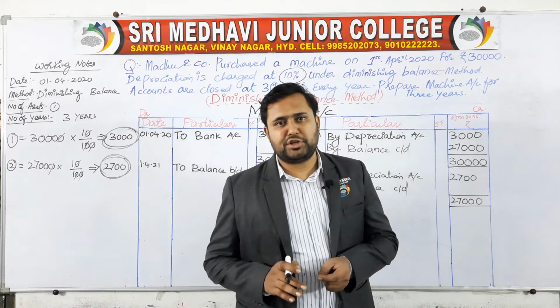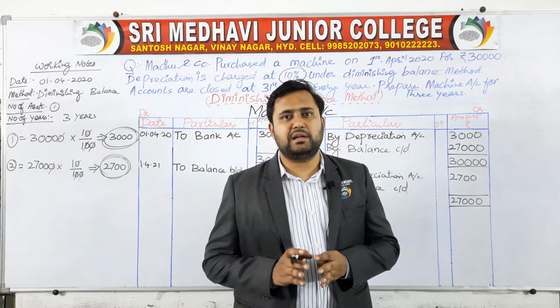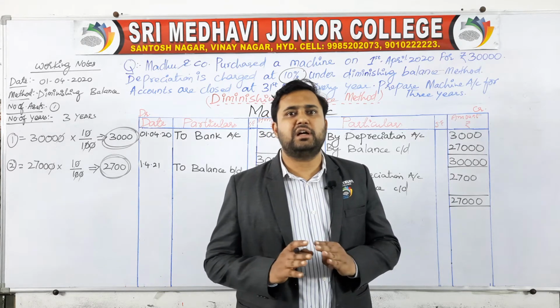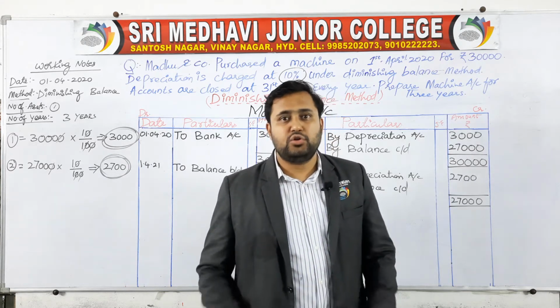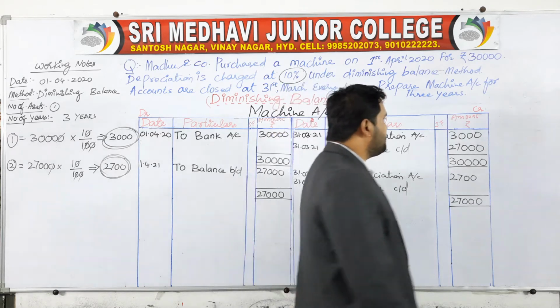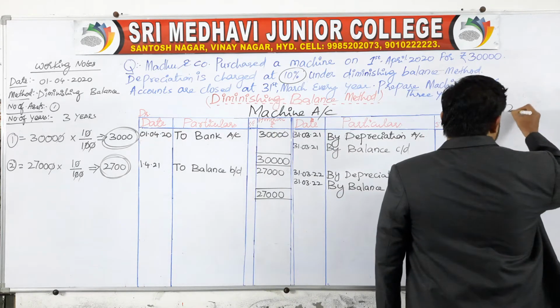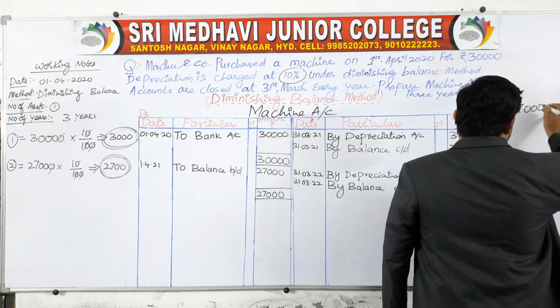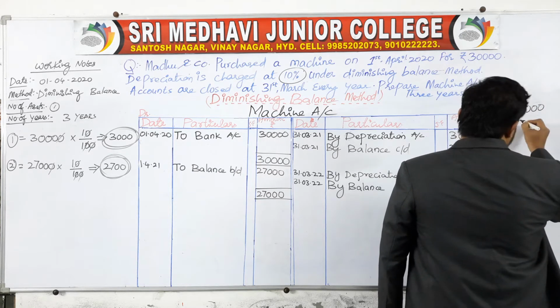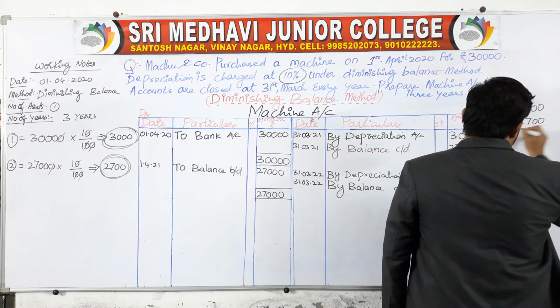For your kind information, do not use a calculator at any cost under any circumstances. You do the calculation like this. 27,000 minus 2,700.